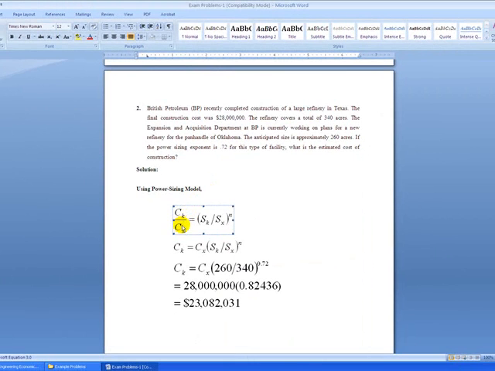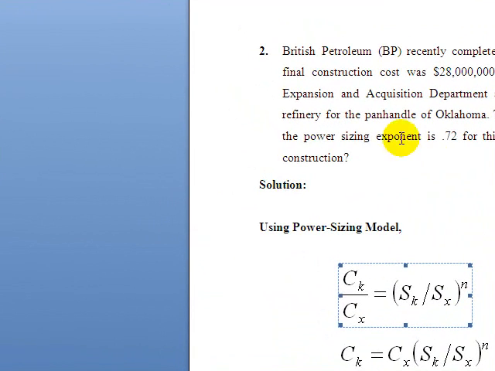The power sizing model equation is: C sub k divided by C sub x is equal to S sub k divided by S sub x, whole raised to power n. Now let's see the components in this equation. C indicates cost, S indicates size, and n indicates the power sizing exponent, which is given to us as 0.72.